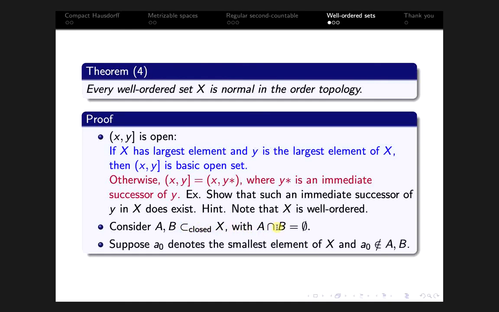Now suppose a naught denotes the smallest element of X, and the smallest element a naught is not in A or not in B. So it is enough to consider a naught not in A, since we can interchange the roles of A and B. In this case, the smallest element is not a member of the closed sets A and B.